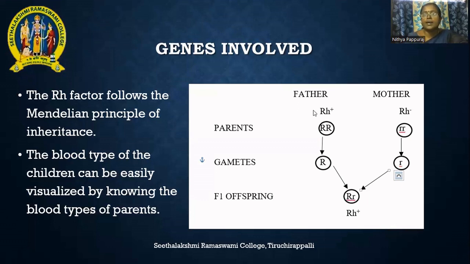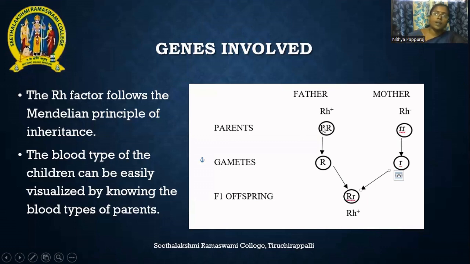Now you can see the parent blood types: an Rh positive father and an Rh negative mother. The Rh positive father has the homozygous dominant genotype, capital R capital R, and the homozygous negative mother contains small r small r.